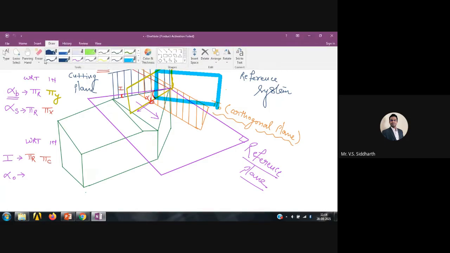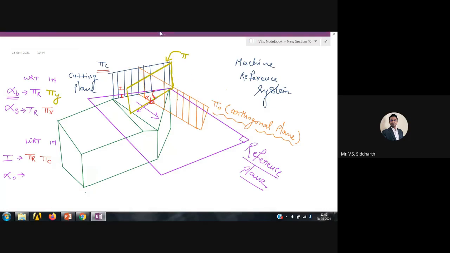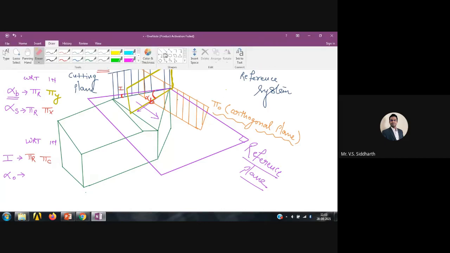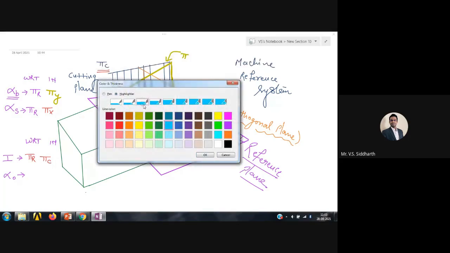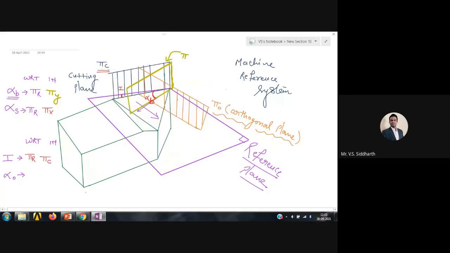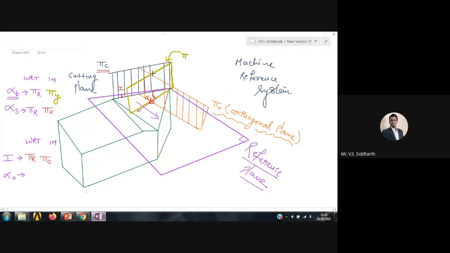This is my pi y plane. This is the reference plane. And this is my pi x plane.